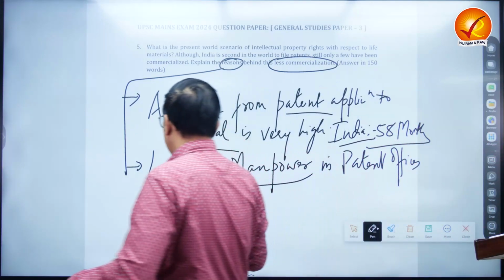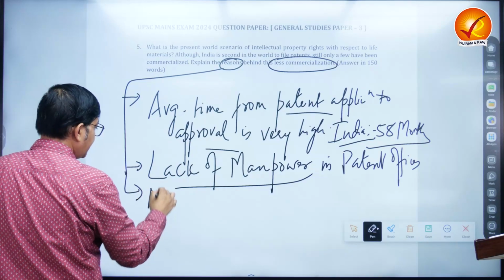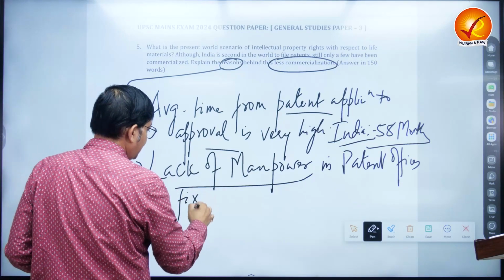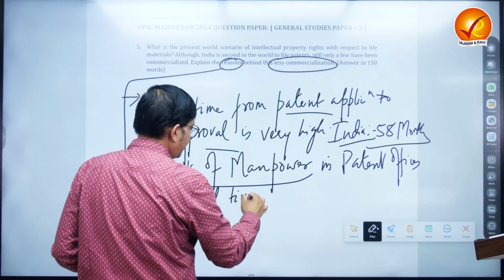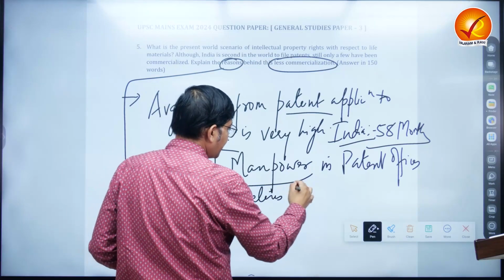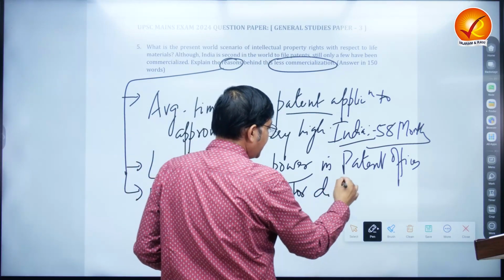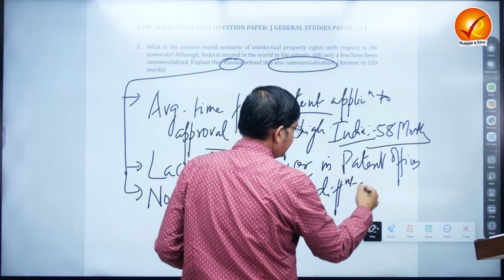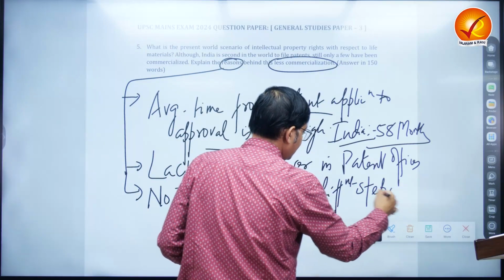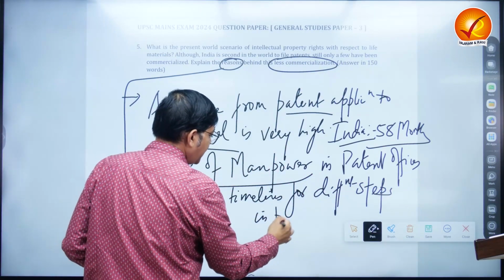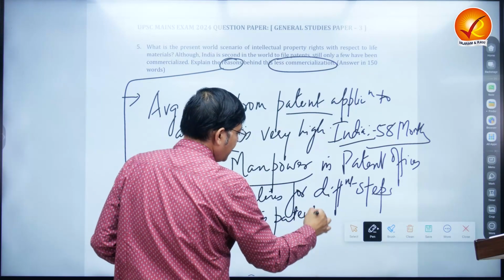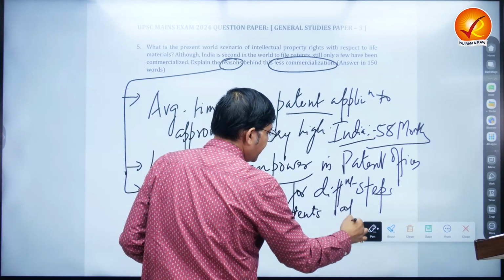There are no fixed timelines for different steps in patent approval.